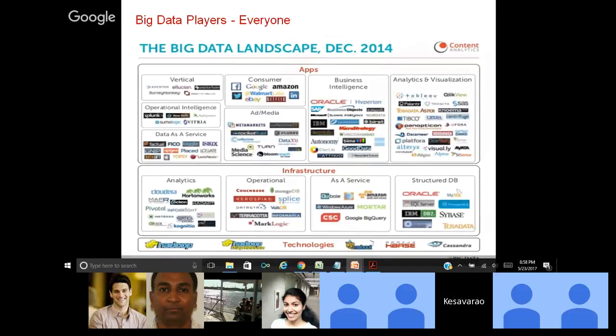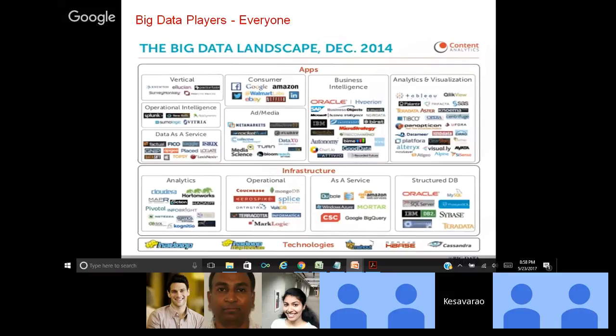So there are a lot of players in big data in the market right now. If you see the landscape, this is something I put together long back, in 2014, but there were so many players. Imagine in 2014 itself, that many players were there for big data. In the last couple of years, so many new players have been added. This is one of the hot market areas. Many people are getting into this landscape, and not everyone is specialized in every area.